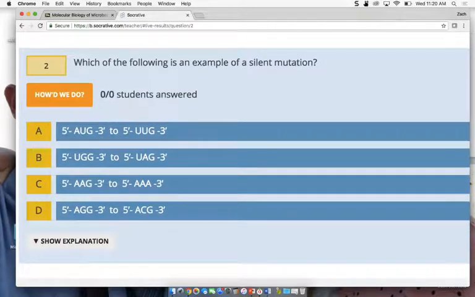So we're going to switch focus for a couple of minutes and talk about mutations now. So is it A, AUG to UUG, B, UGG to UAG, C, AAG to AAA, or D, AGG to ACG? Use your codon codes, identify the best option. I'll give you a minute, and then double check with someone else.